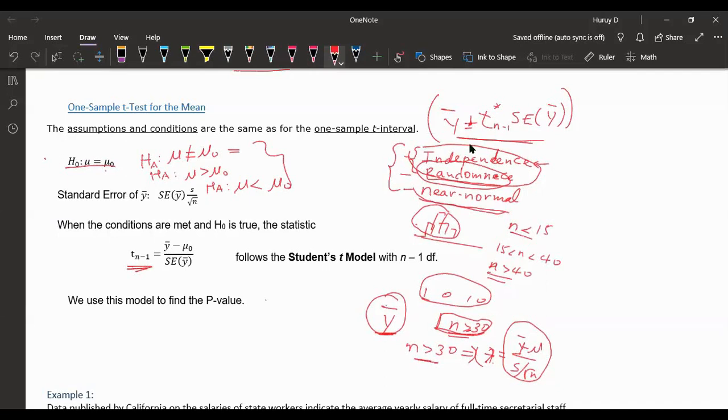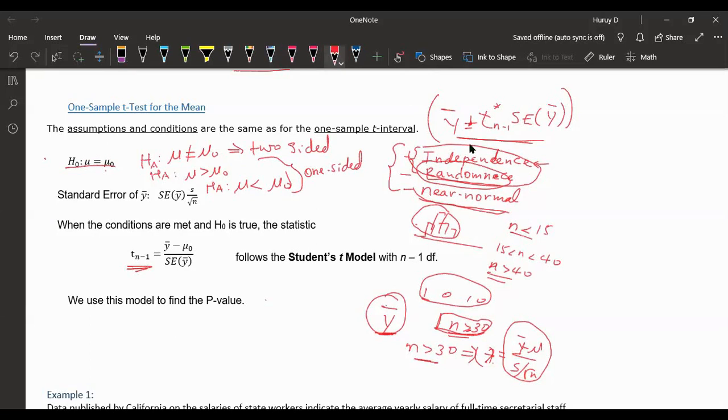This is the two-tailed, and these two are the one-tailed. Let me use two-sided, because here we are using the side term, so two-sided. And these two are one-sided, okay?